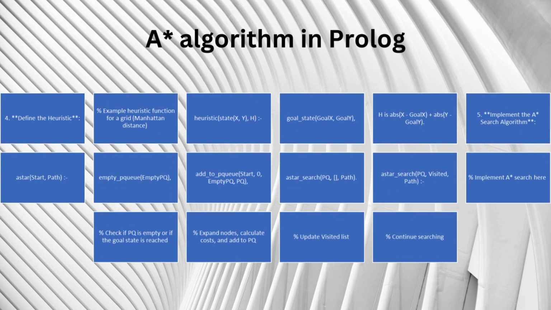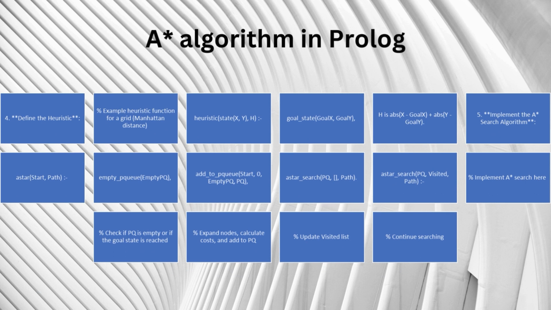Next step is define the heuristic. Define the heuristic function that estimates the cost from the current state to the goal state. This function helps A star prioritize which state to explore first.